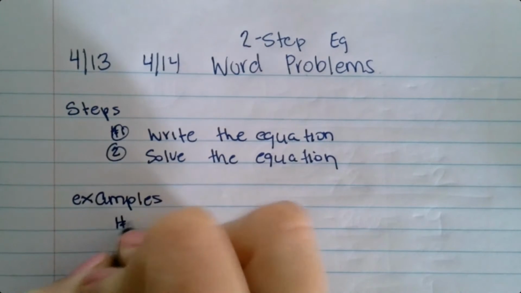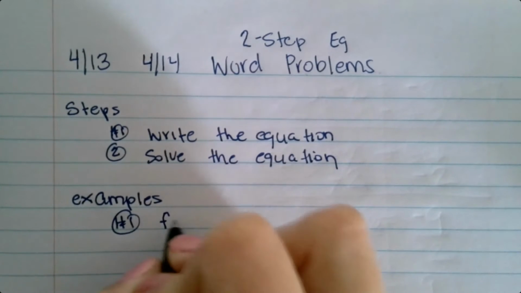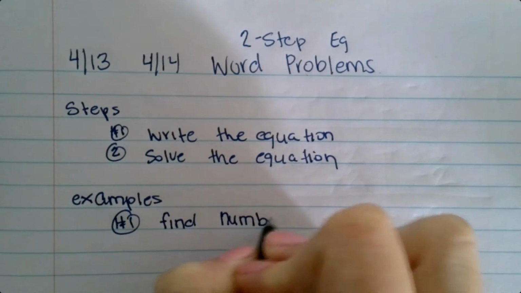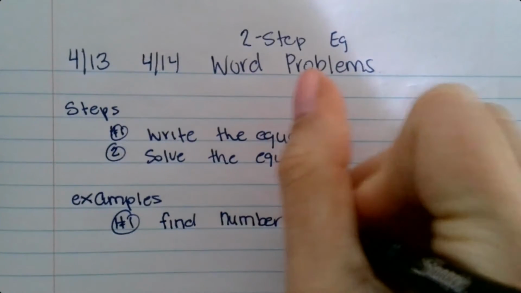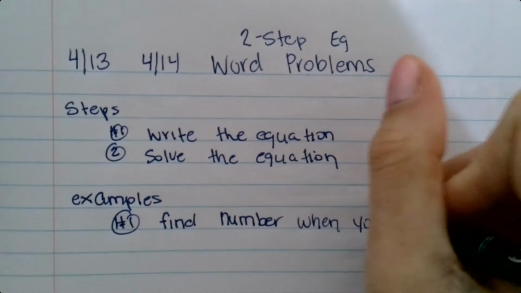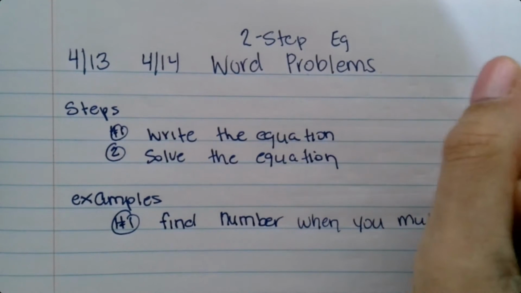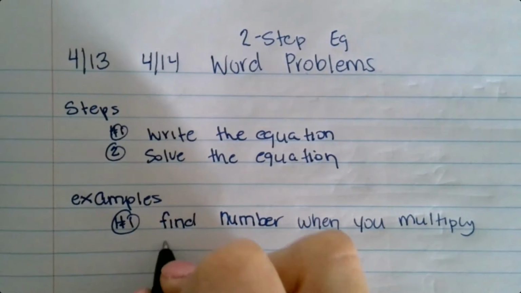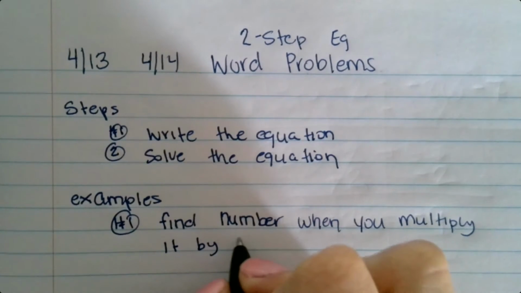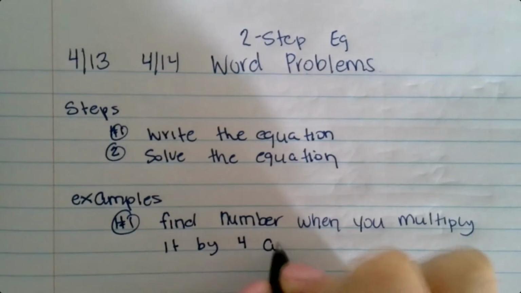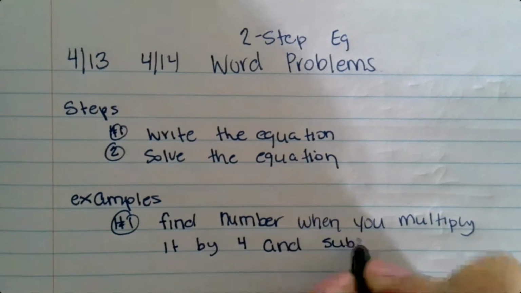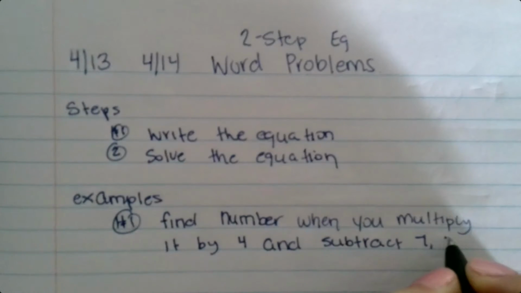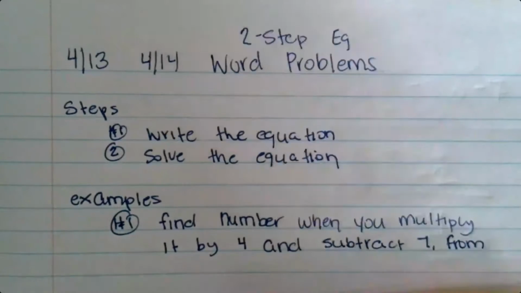So example number 1, I'll try to make them short and sweet. We are going to find the number when you multiply it by 4 and subtract 7 from that product.